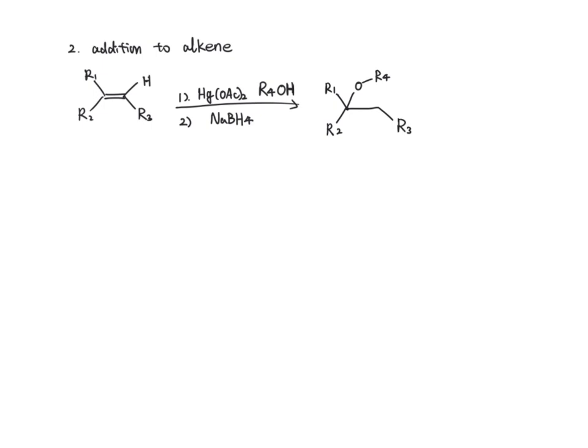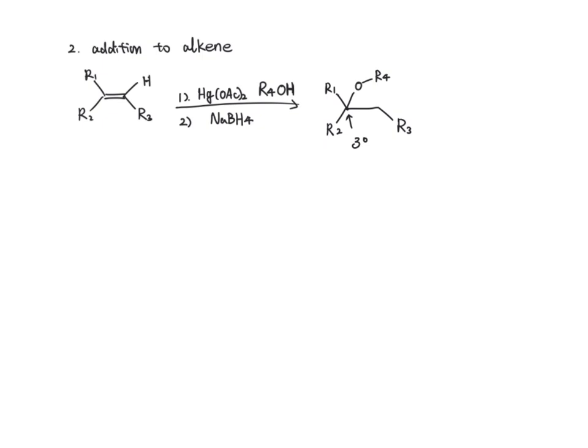So here, probably this will be a chiral center. It really depends on what the R1 and R2 groups are. So you need to think about stereochemistry here when you learn this addition reaction to the alkene. In this case, we find a way to actually make the tertiary carbon connect to the oxygen. In Williamson ether synthesis, we can only add the primary carbon to the oxygen.